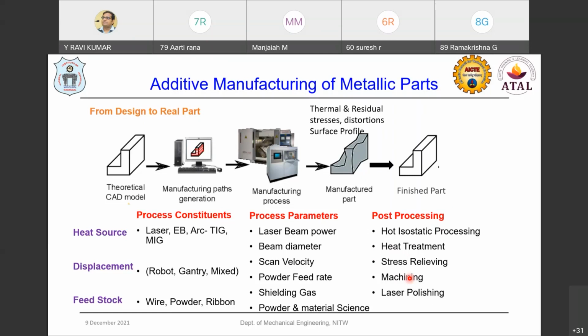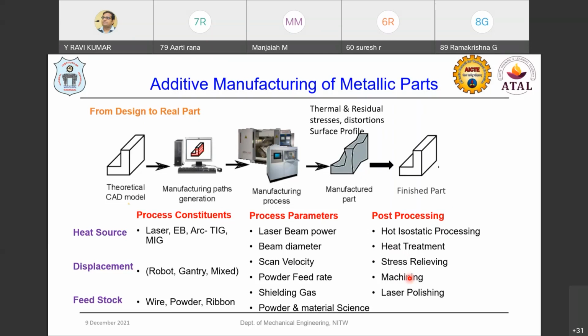These are all the post-processing techniques we use to achieve the required geometrical tolerances as well as the mechanical properties, to relieve the residual stresses, and to achieve the required surface finish wherever we need it, in medical applications or in aerospace applications.